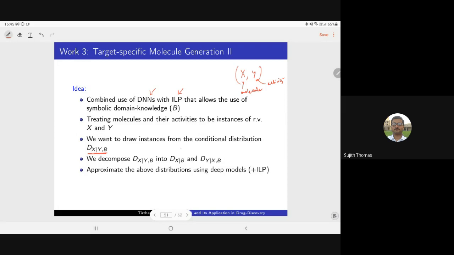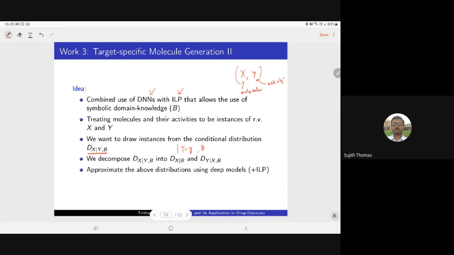That is, given some activity y, say positive or negative, or active or inactive, and some background knowledge B, we want to be able to sample new molecules. And we can sample new molecules if we can construct a distribution over those.